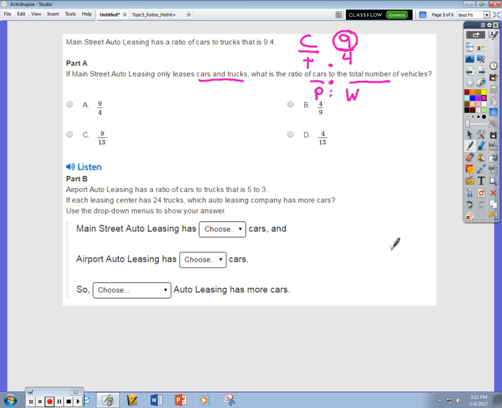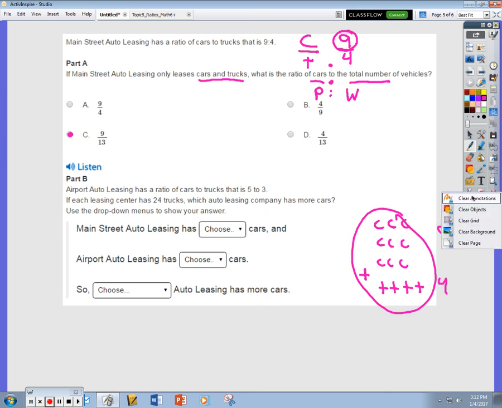How many total vehicles do I have? 9 cars, 4 trucks. If I want to find how many total vehicles I have, I combine those. I have a ratio of 9 to 13. So there we have 9 to 13.